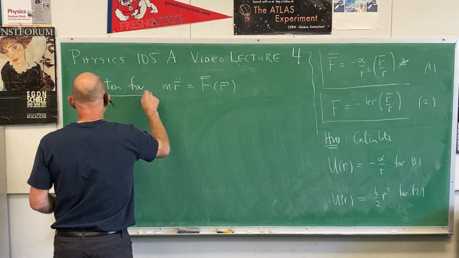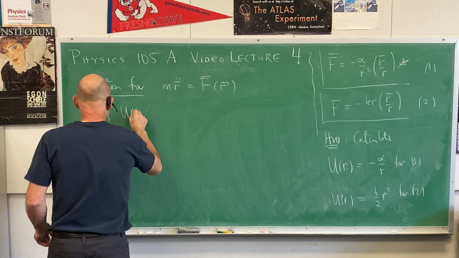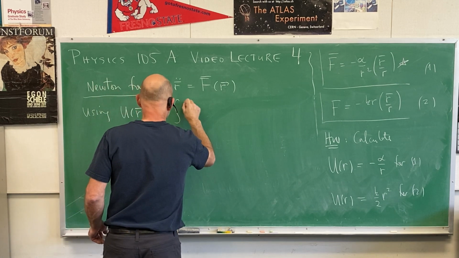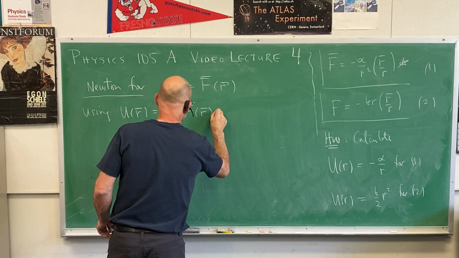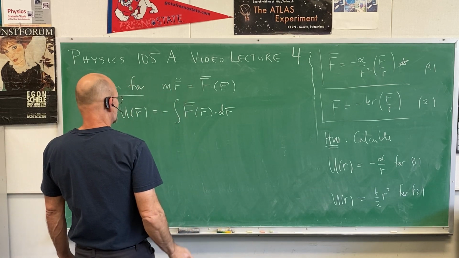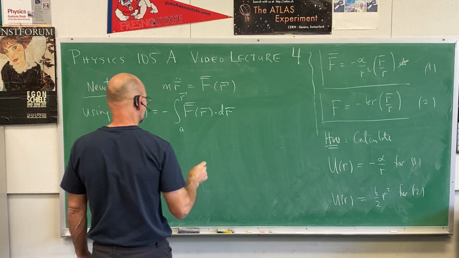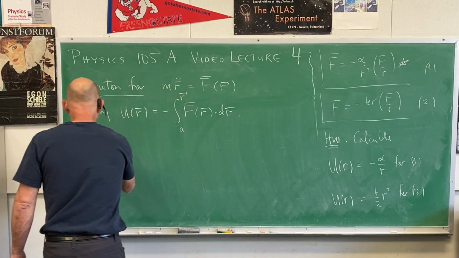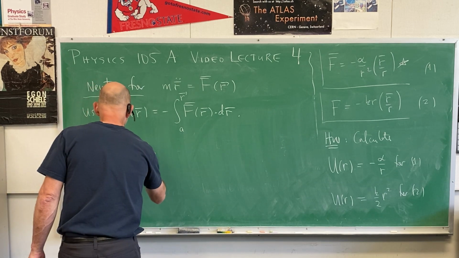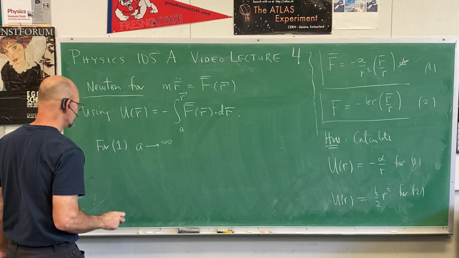Continuing on, using U of R equals minus the integral of F dot dr from A to R. For problem 1, A goes to infinity.